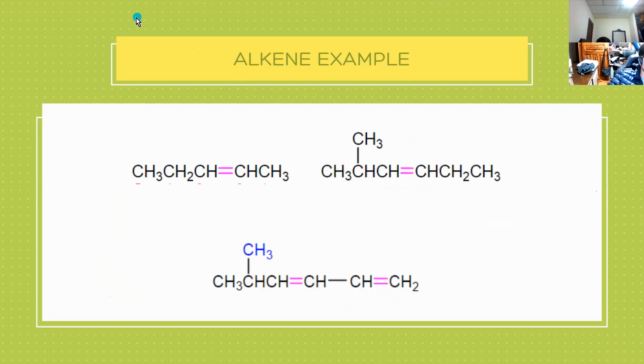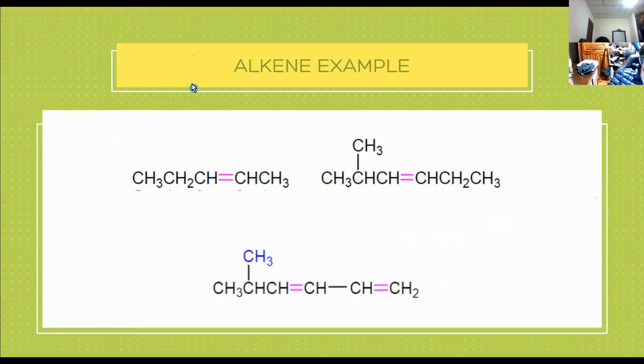In our key example, first we count the carbon atoms, that is 1, 2, 3, 4, and 5. Then start from the point closer to the bond always.